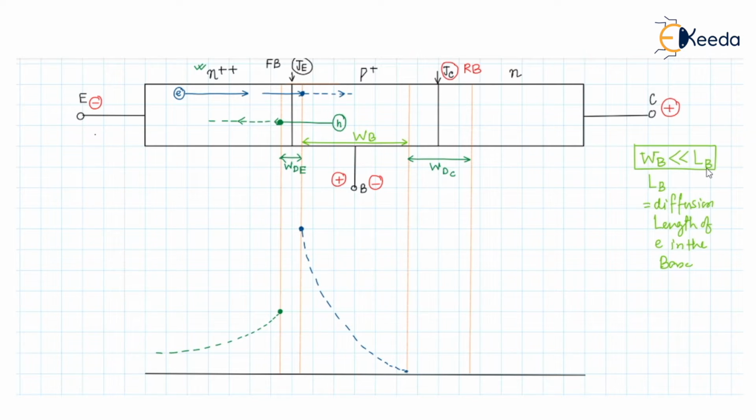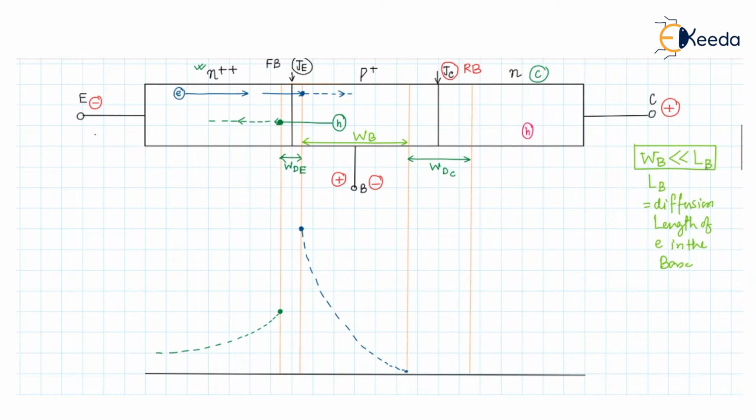Similarly, the collector region will have n-type doping. Since it has n-type doping, there will be some minority carriers here, and the minority carriers are the holes.